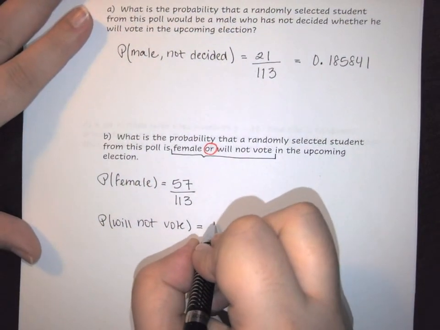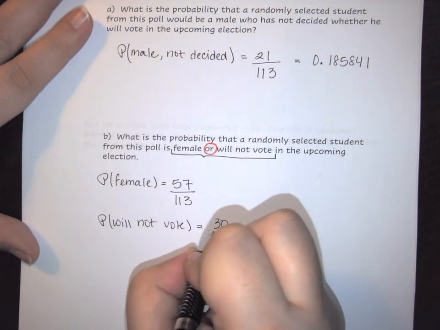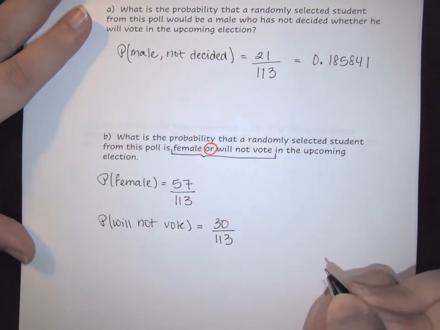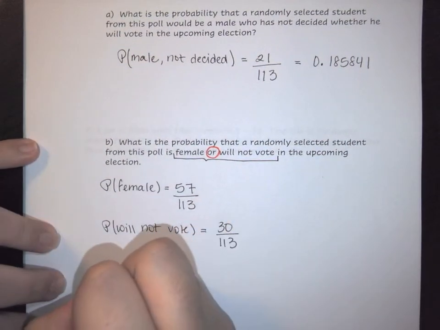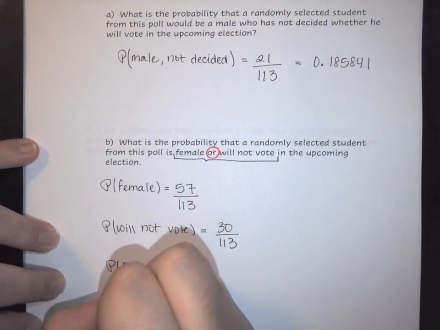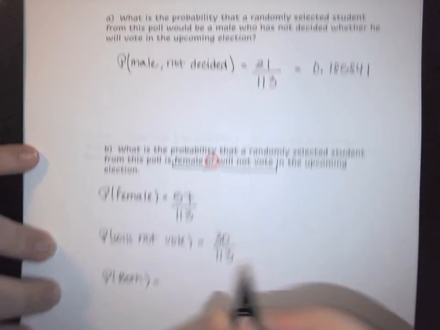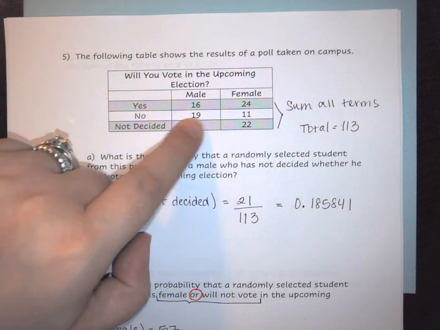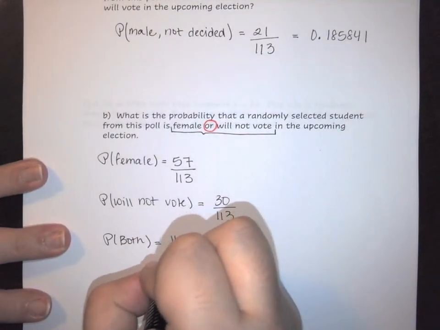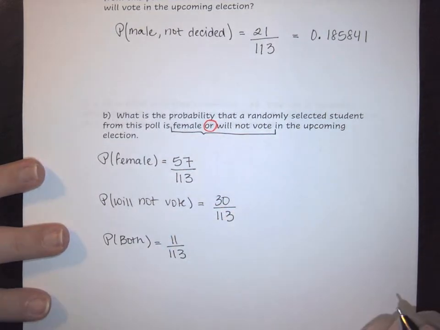So this is going to give me 30 over my 113. But then I do have some females that won't vote, so I need to look at the probability of both happening. So I would come to my female column and I would come down to where it says no, and that number would be 11. So here this is 11 out of 113.